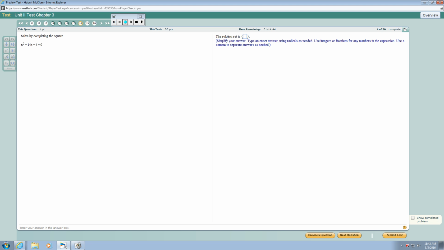What's it asking for? The solution set. What does that mean, the solution set? They want the x-intercept. Is that what they want? Oh, this is just asking for that. I'm going to put in negative 0.25.